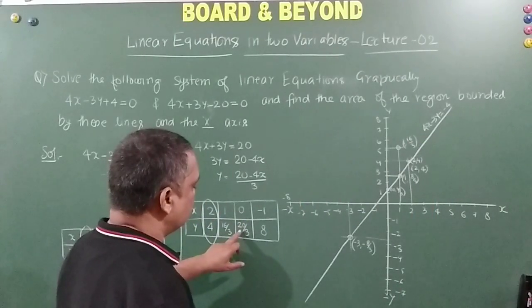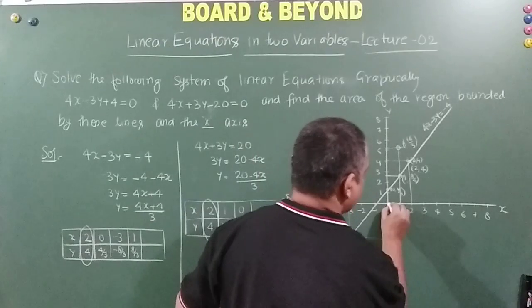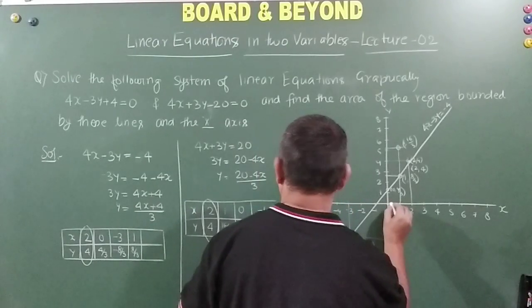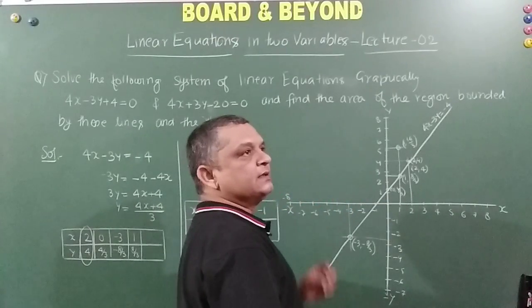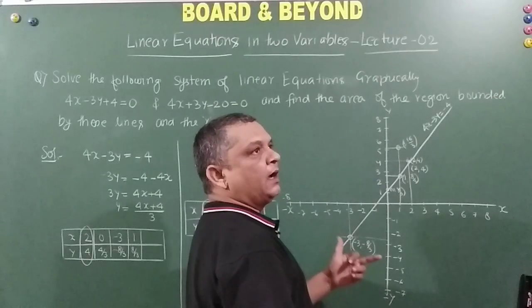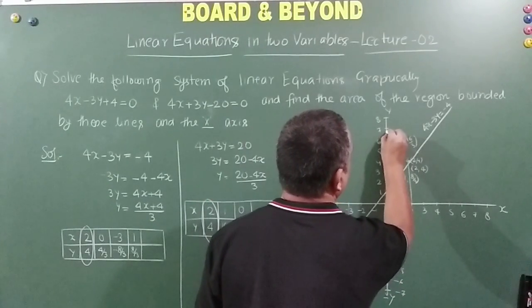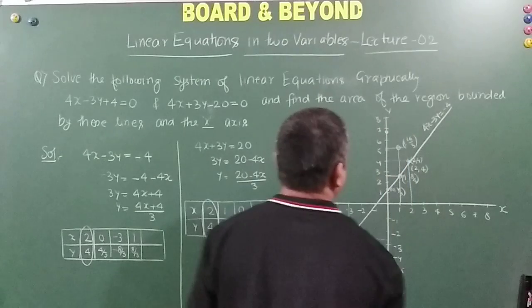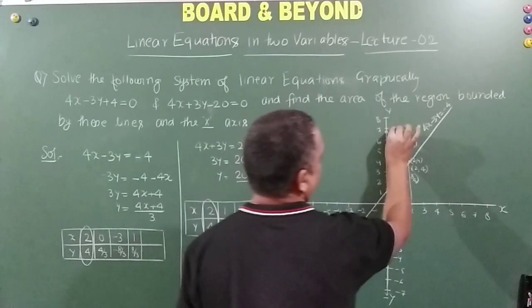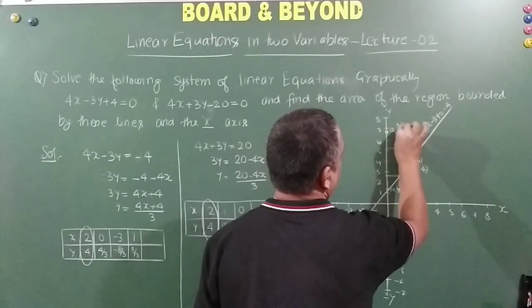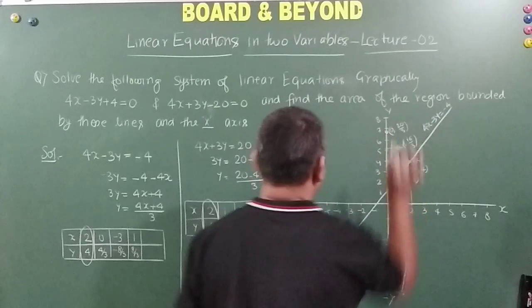X is equal to 0, y is equal to 20 by 3, which is nothing but 3 6 is 18, again 6.6, 6.6 almost here. X is equal to 0, y is equal to 20 by 3. Right, friends?